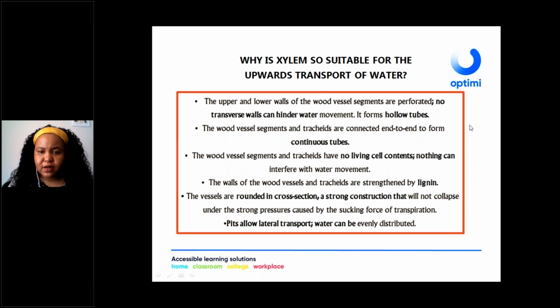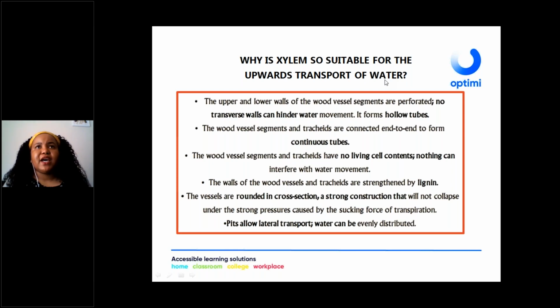Okay, your topics for this term are animal tissue, plant organs, particularly the leaf, support system in plants, transport system in plants, as well as support system in animals. I'll repeat that again. This term, you need to do animal tissue. You need to look at indigenous knowledge systems and biotechnology.